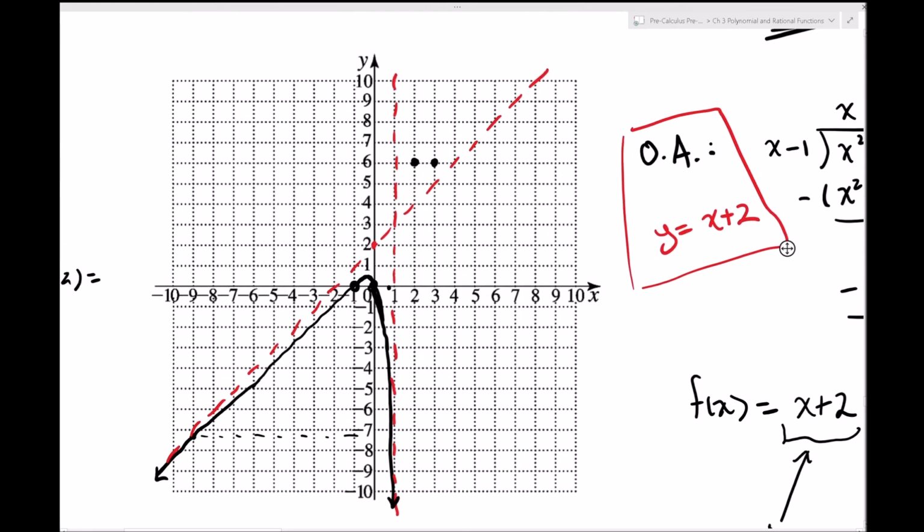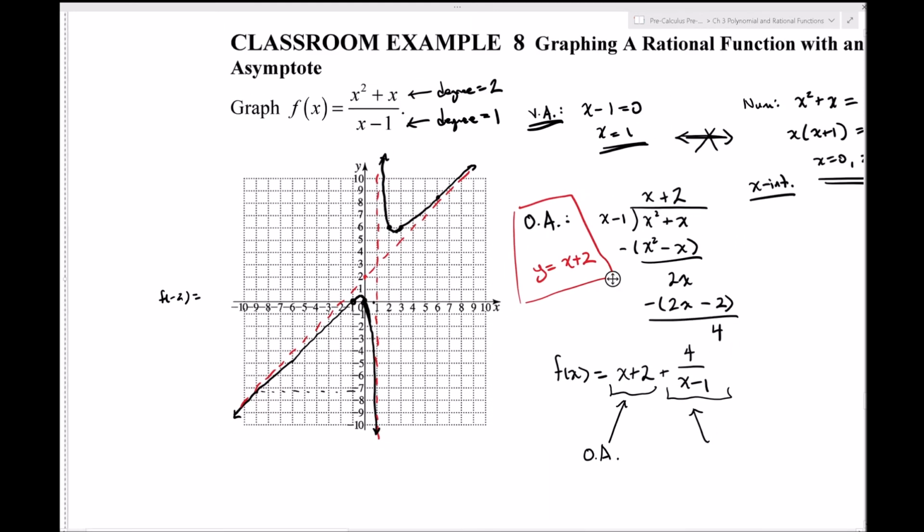And then let's say when x equals 6, I'm getting something around 8.4, somewhere around here. So it's doing this. It has a little bit of a minimum, then it goes this way, and then it jumps up towards infinity this way. And there's my graph for example 8.